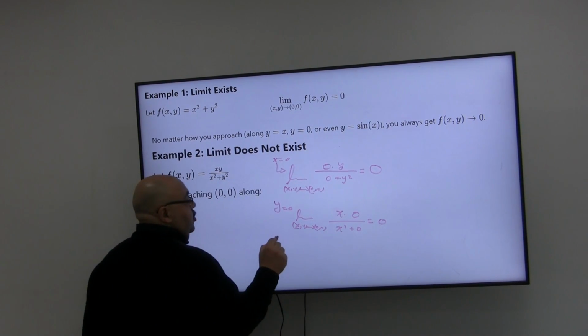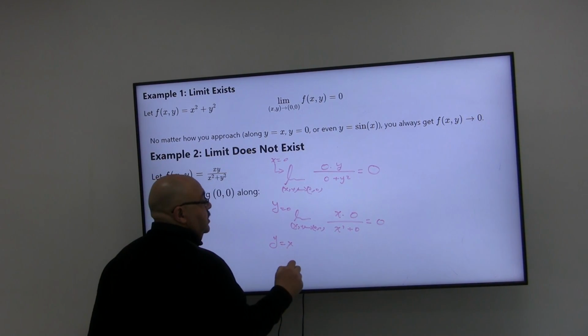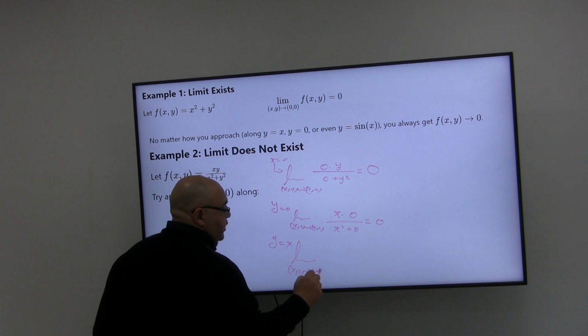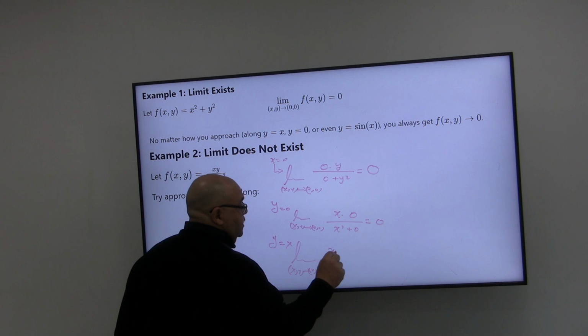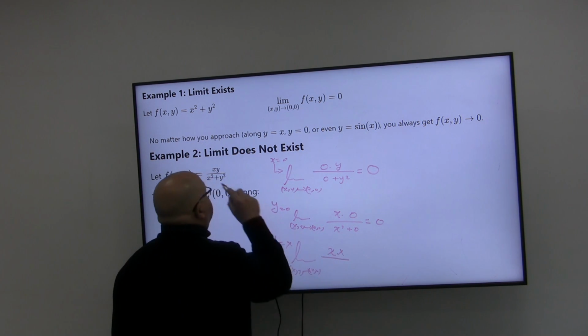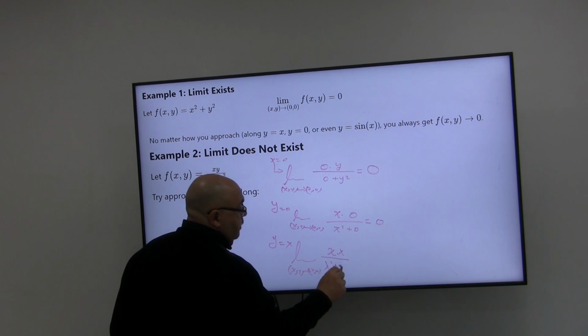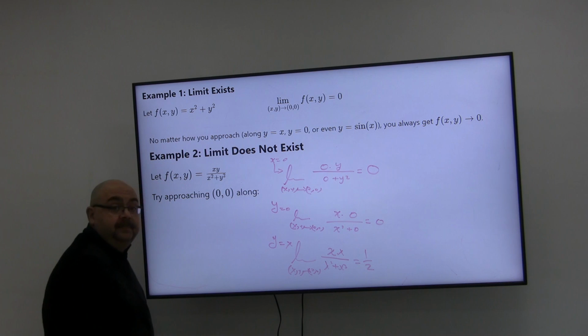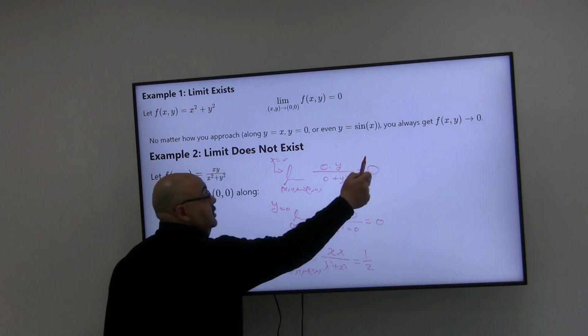Okay, let's try y equal to x. This is going to be the limit as x, y approaches the origin. For y, I will replace y by x. It's going to be x squared divided by x squared plus x squared, which is simply going to equal to one half. Is it the same result?